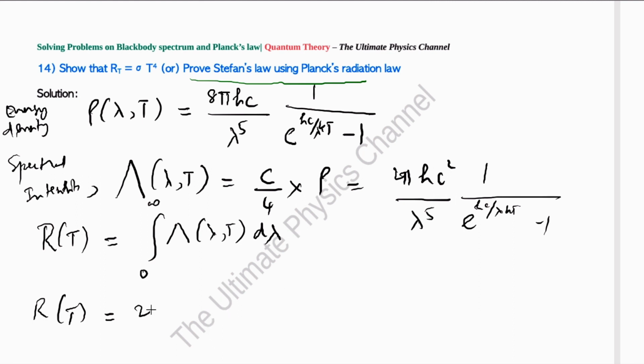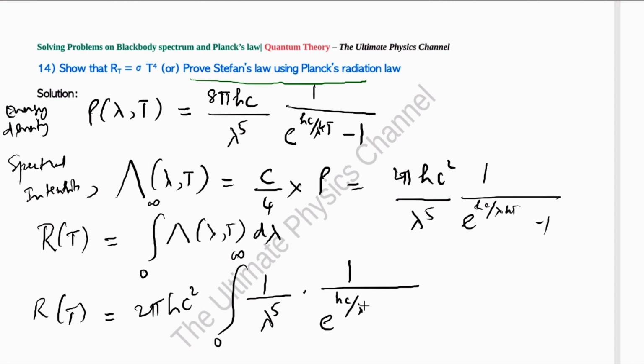So 2 pi h c squared is a constant, integral between 0 to infinity of 1 over lambda power 5 times 1 over e power hc over lambda kT minus 1 d lambda, right?